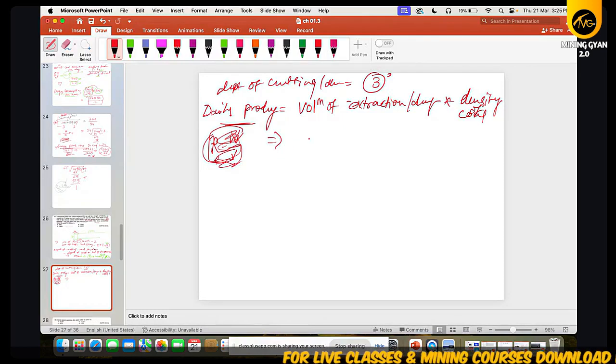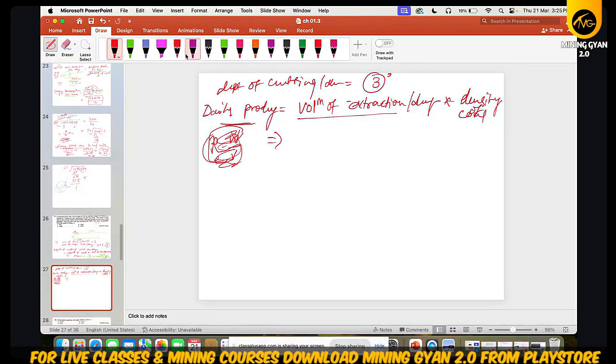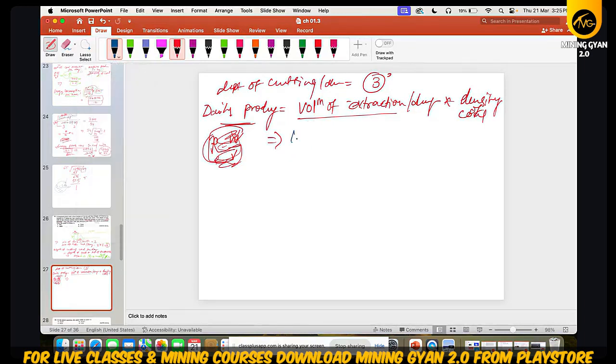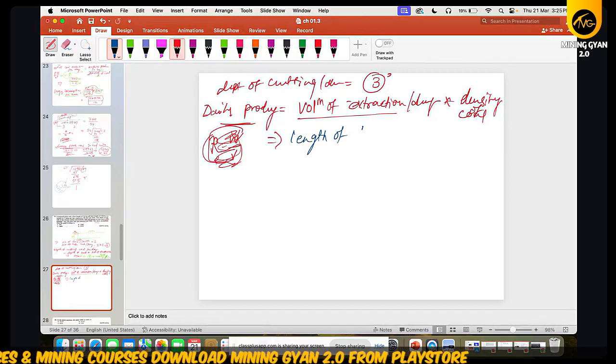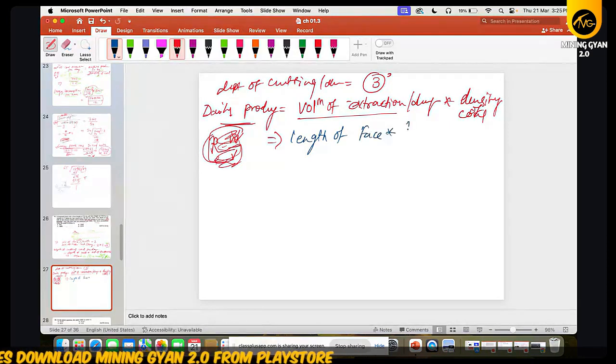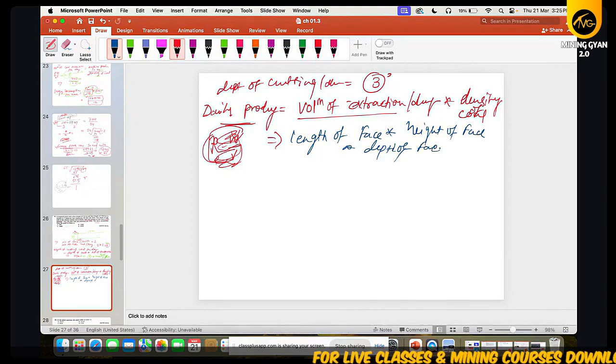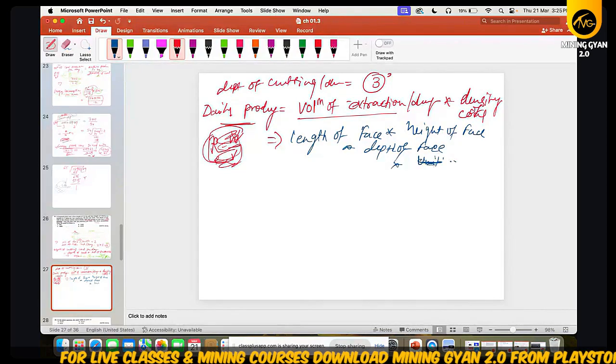So how will you find the volume? You will find the volume from how much the length of the face is, multiplied by how much the height of the face is, multiplied by how much the depth of the face is, and multiply with the unit weight or density.